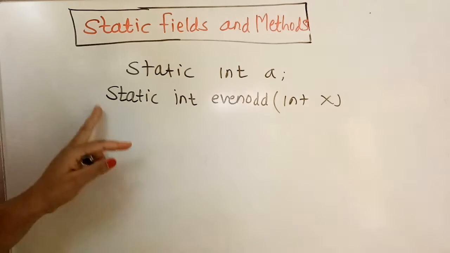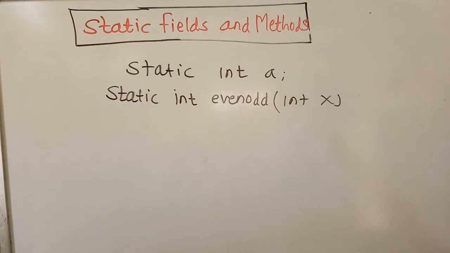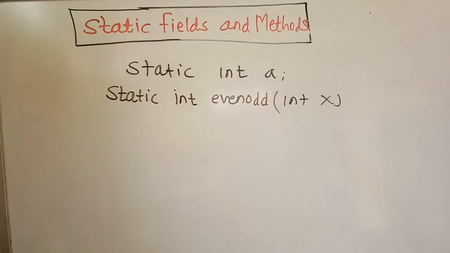Only you have to write the static keyword in front of the variable or method. We do not need an object for calling static variables as well as static methods. They are also accessible by other classes. Though these are part of one class, they can be easily accessed by another class also.